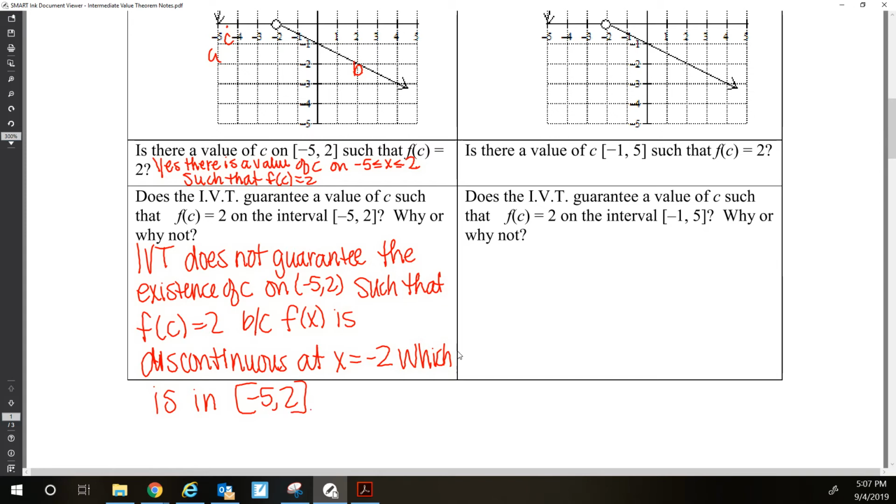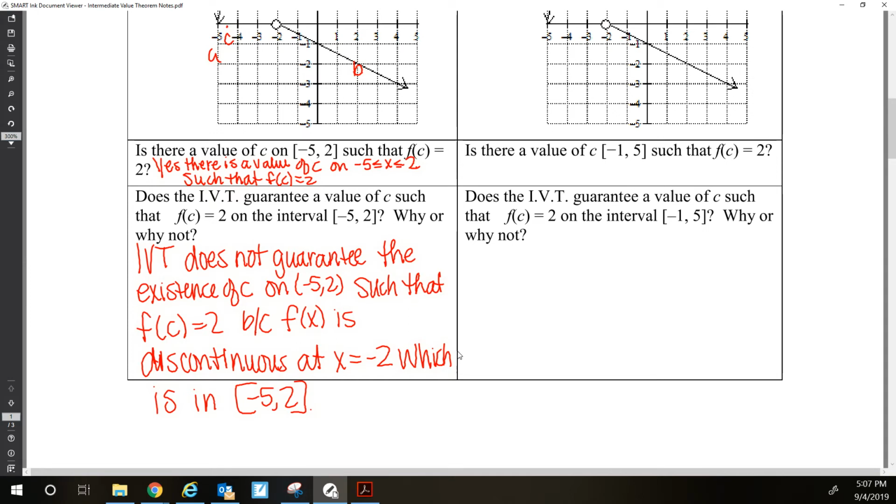So, yes, the value existed, but even though it does exist, IVT did not say it had to exist because it does not meet the very first requirement for IVT, which is that it's continuous across the entire interval.